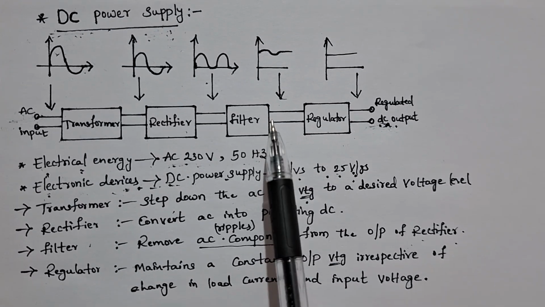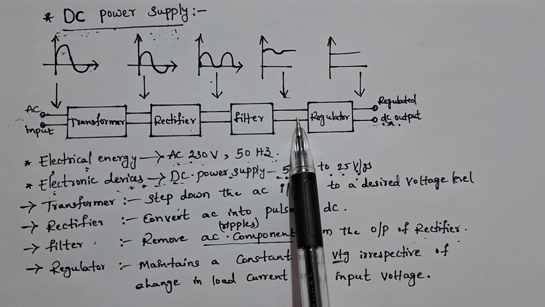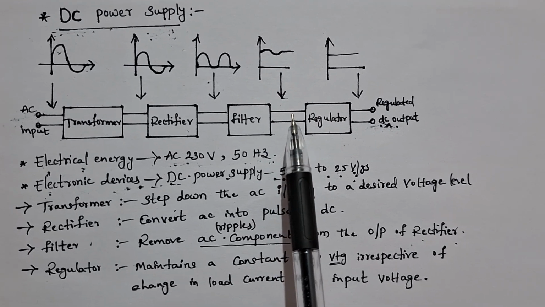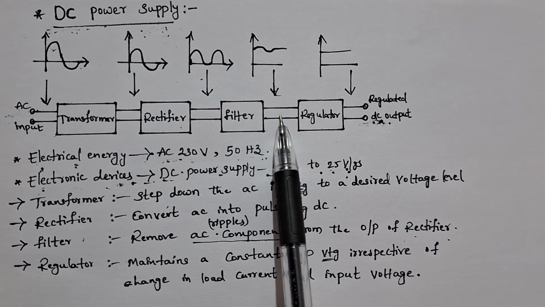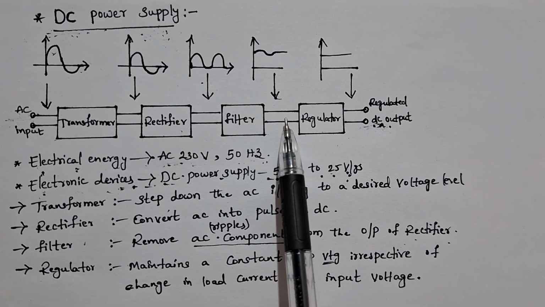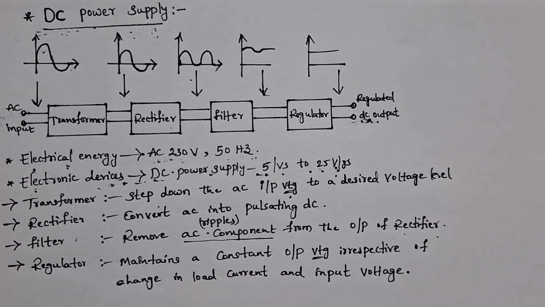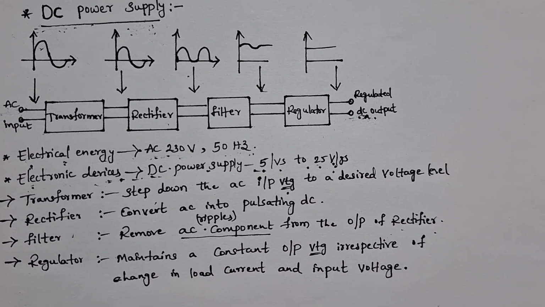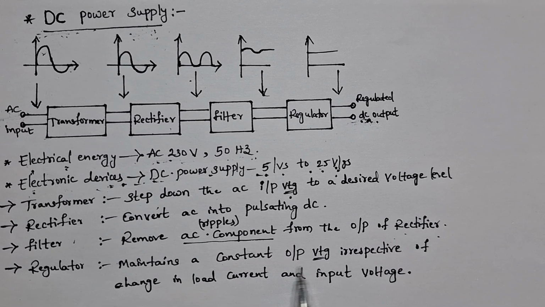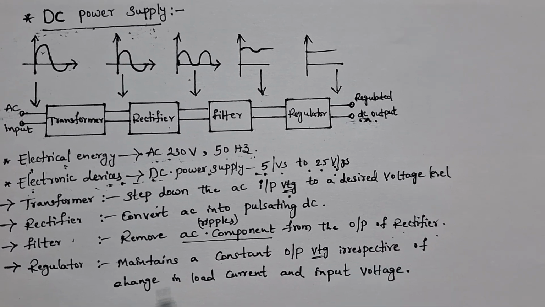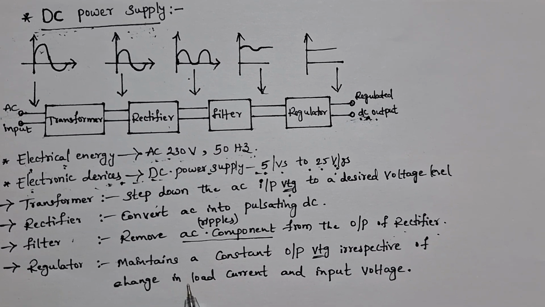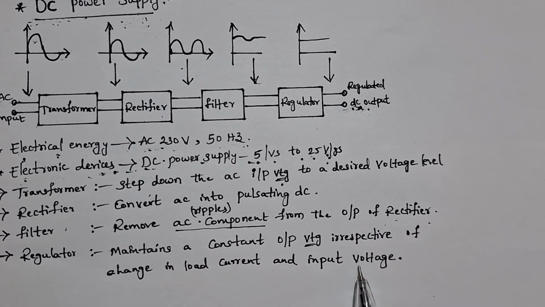So even though there is a change in input voltage as well as load current, the voltage regulator maintains a constant output voltage. We can say the regulator maintains a constant output voltage irrespective of change in load current and input voltage.